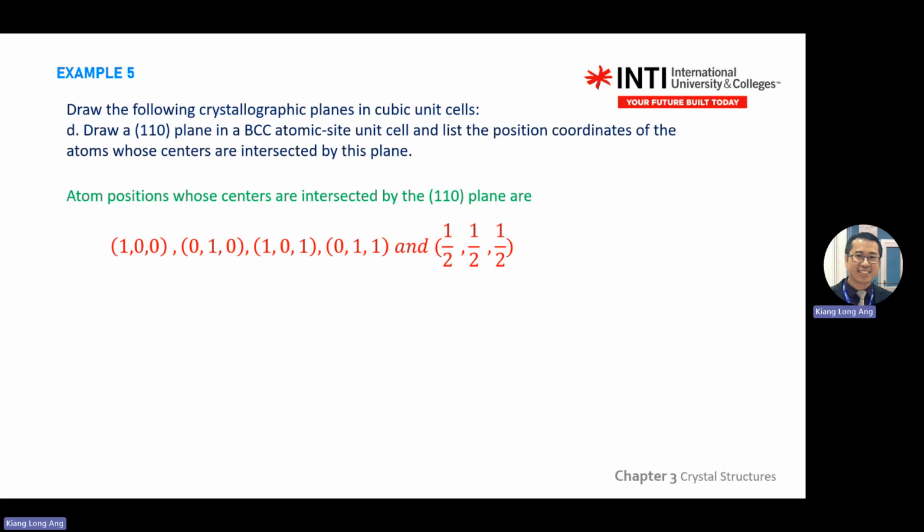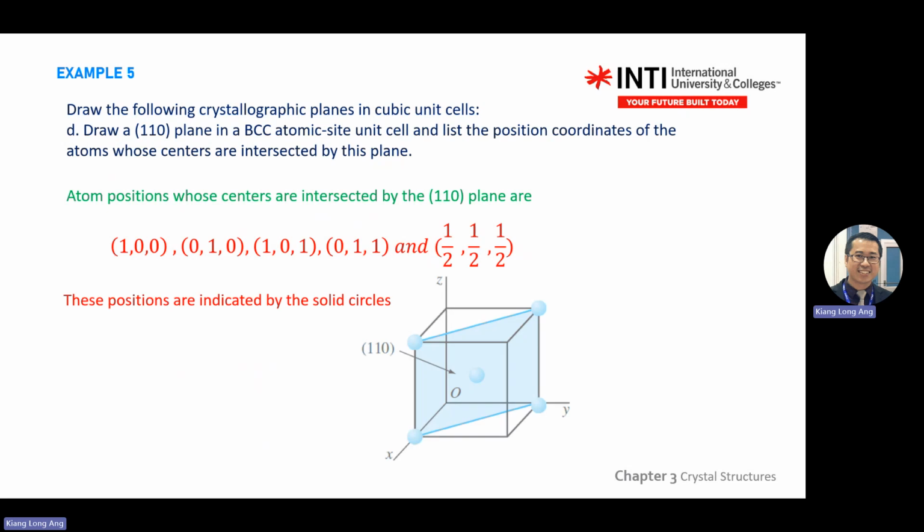Then you have one atom here, one atom here. So here is 1, 1 is 1, 1 is 1. Okay, so these are the coordinates that are slid by this plane. So we ask you to list out the position coordinates of the atoms whose centers are intersected by this plane. So these are the indexes, the positions if you slide.